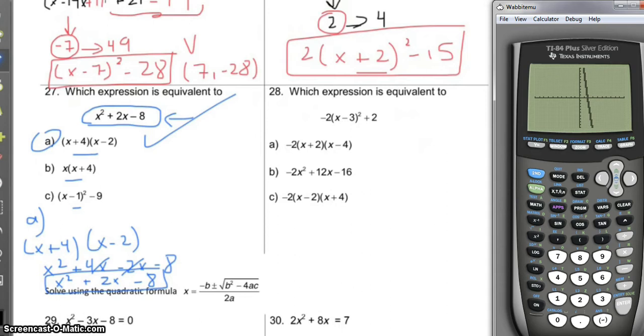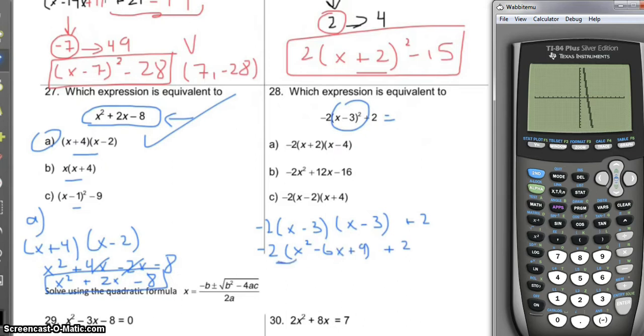Now let's move on to 28. Now you have to set this in the standard form so you can compare them. So x minus 3 squared means x minus 3 into x minus 3. Now put the negative 2 outside and the plus 2 on the outside, and let's change it to the standard form. So x minus 3 into x minus 3 would give you x squared minus 6x plus 9.